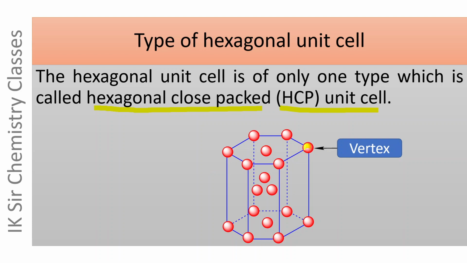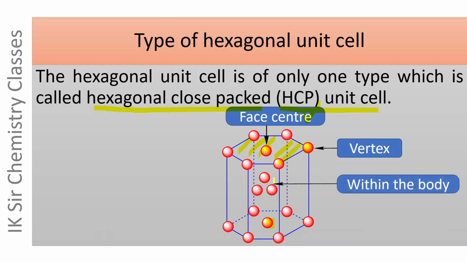This particle occupies the vertex of the HCP unit cell, and this particle is present at the center of a hexagonal face. The center of the other hexagonal face is also occupied by a particle, and these three particles are present within the body of the unit cell.